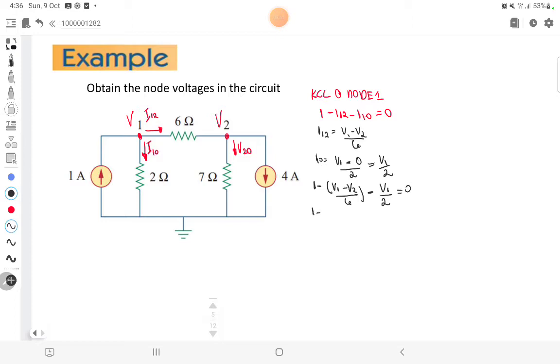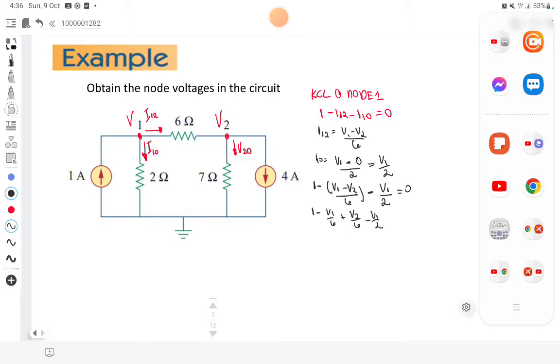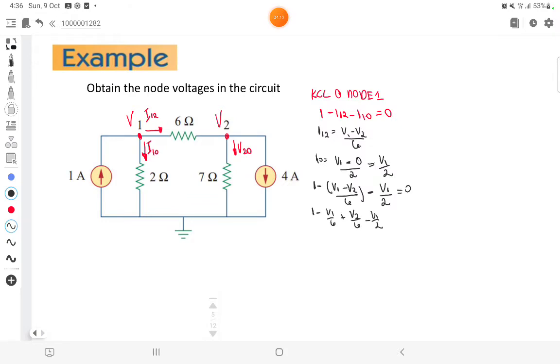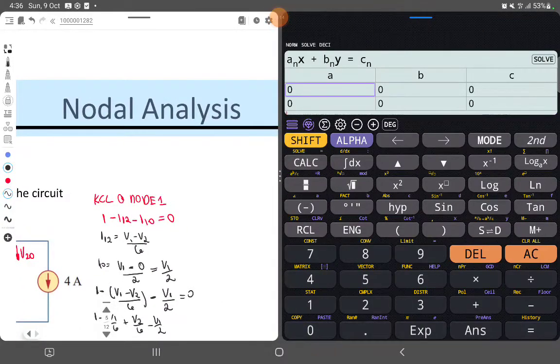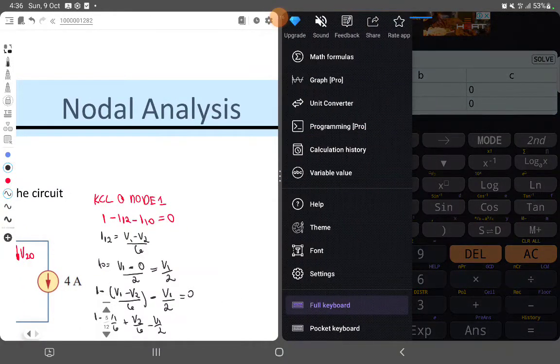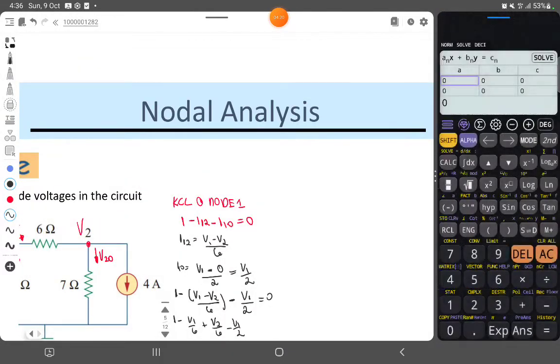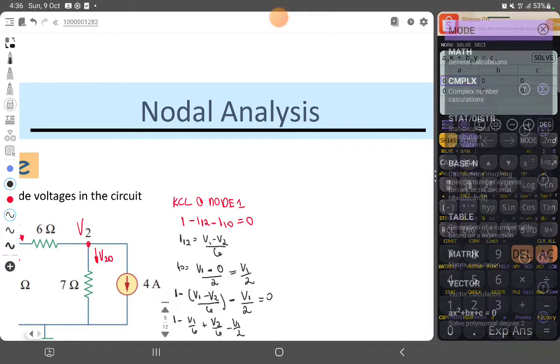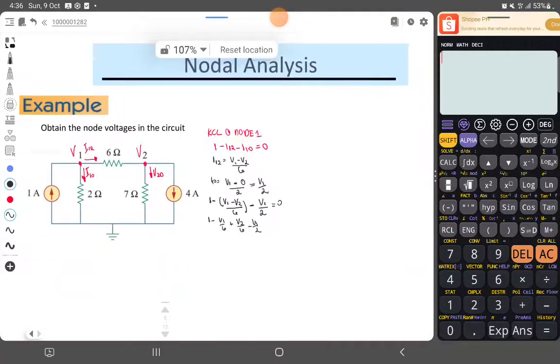So 1 minus V1 over 6 plus V2 over 6 minus V1 over 2. By combining like terms, I would need my calculator to show you how I compute those.